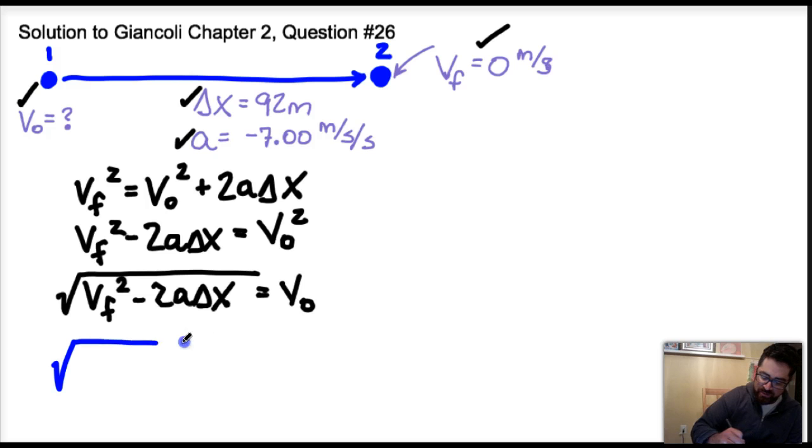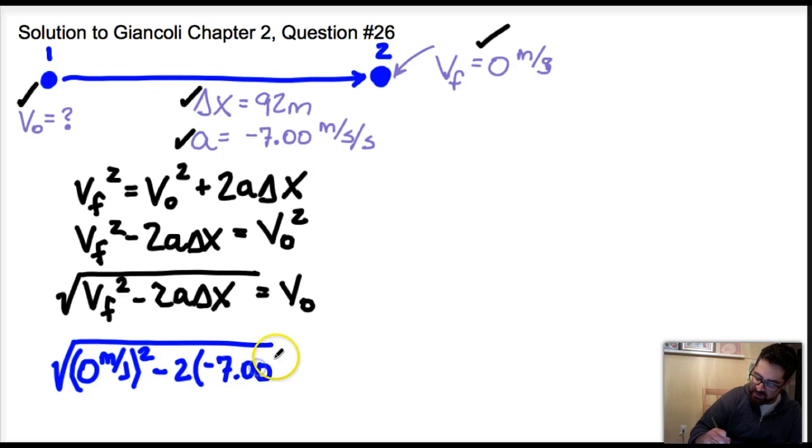That becomes the square root of our final velocity, which is going to be 0 meters per second, of course squared, which is 0, minus 2 times our acceleration, which is going to be negative 7.00 meters per second squared.